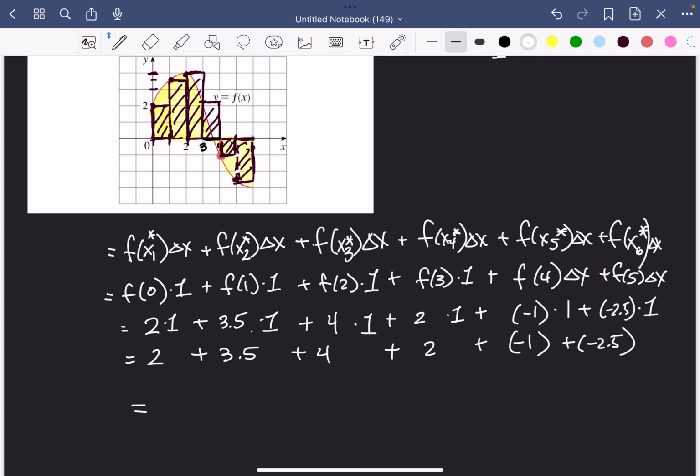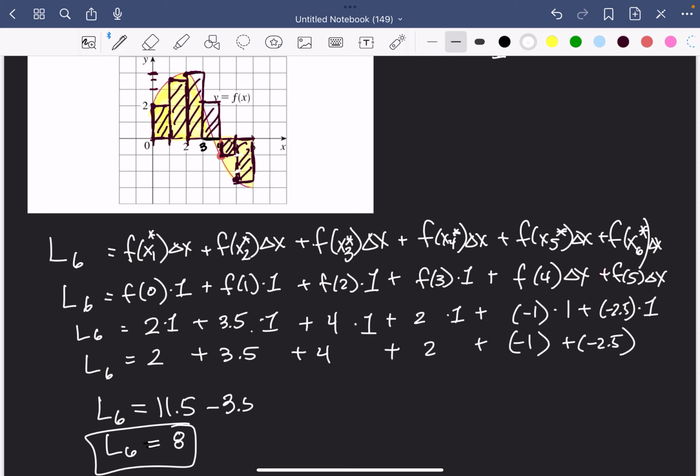So that's going to end up giving, for our left-hand Riemann sum approximation with 6 subintervals, otherwise known as L sub 6, 8. Specifically, we had a positive area of 11.5 minus 3.5. This area over here that was below was -3.5, and that's how we got 8. So L sub 6 in this case we found to be 8 for our approximation to the area under the curve.